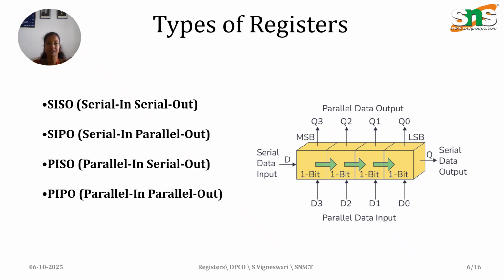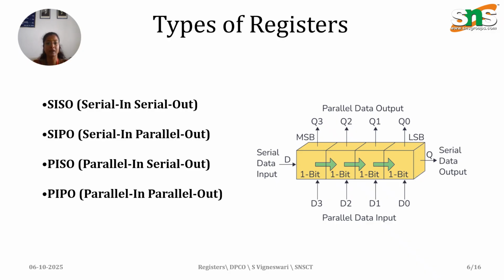Here I have given a sample of a serial input and parallel data output, and you can connect this figure with all four types. LSB specifies the least significant bit and MSB the most significant bit. As you can see in the figure, the serial data input is given and the data moves one after the other, which is why we say serial data output, because only one bit of data is obtained at a time.